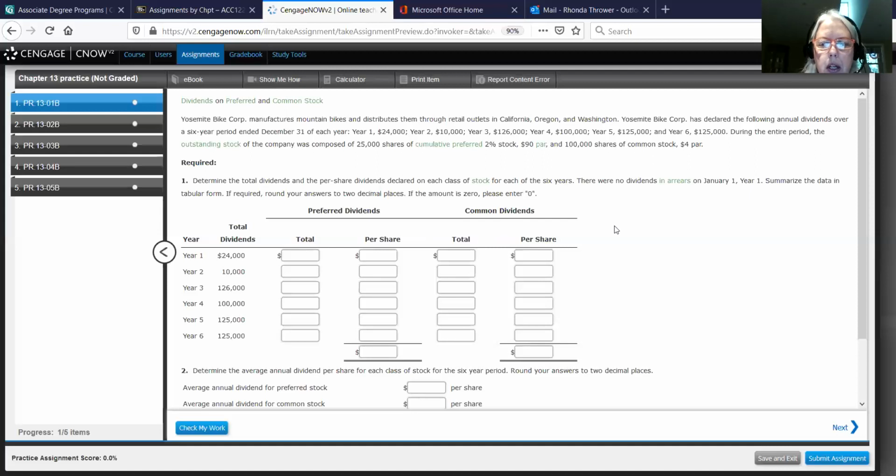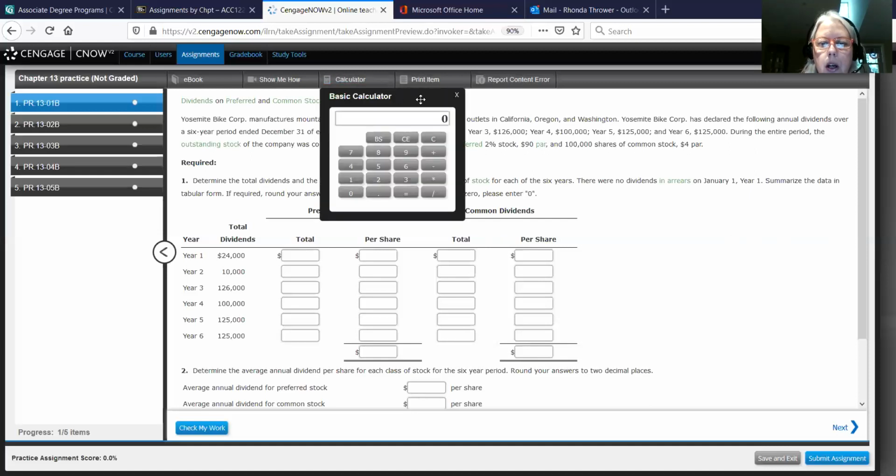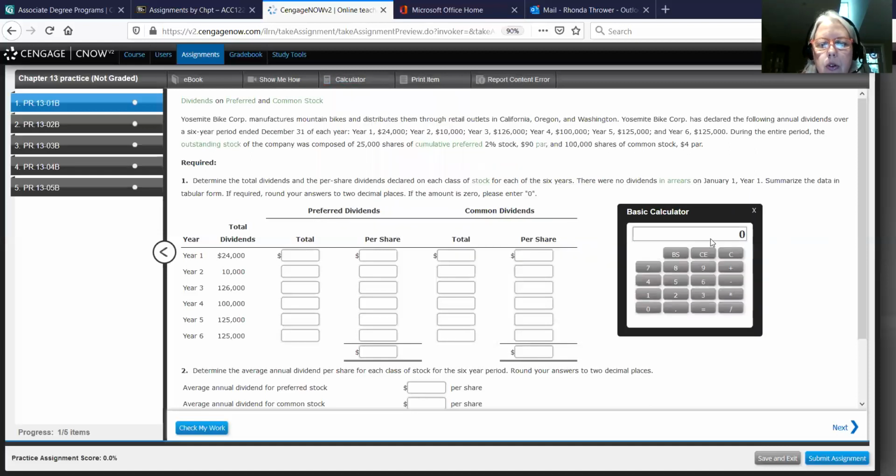So the first thing that we need to do in order to determine how to declare the amount of dividends that are owed first to our preferred stockholders, we need to do some calculations. We're going to take our calculator, and I want you to put in the total amount of the shares that are outstanding of the preferred stock.